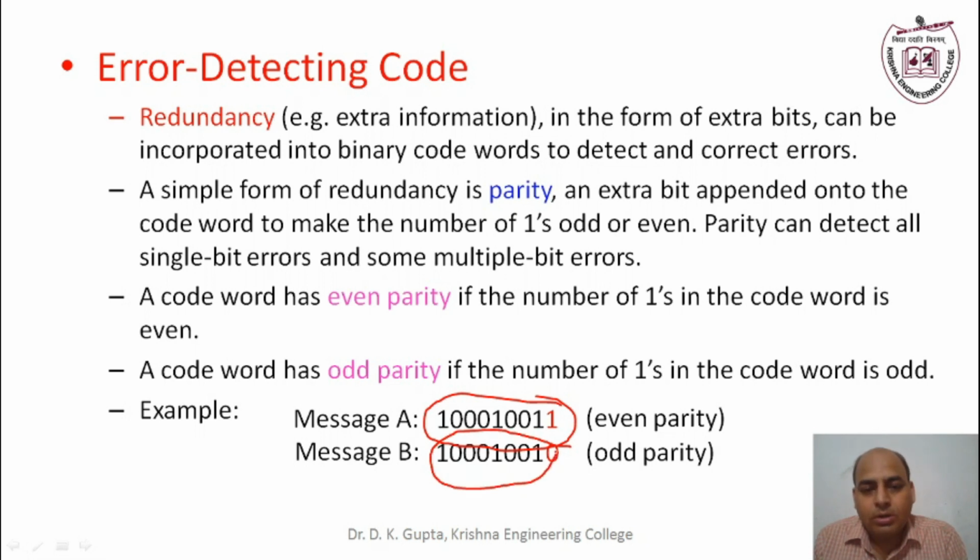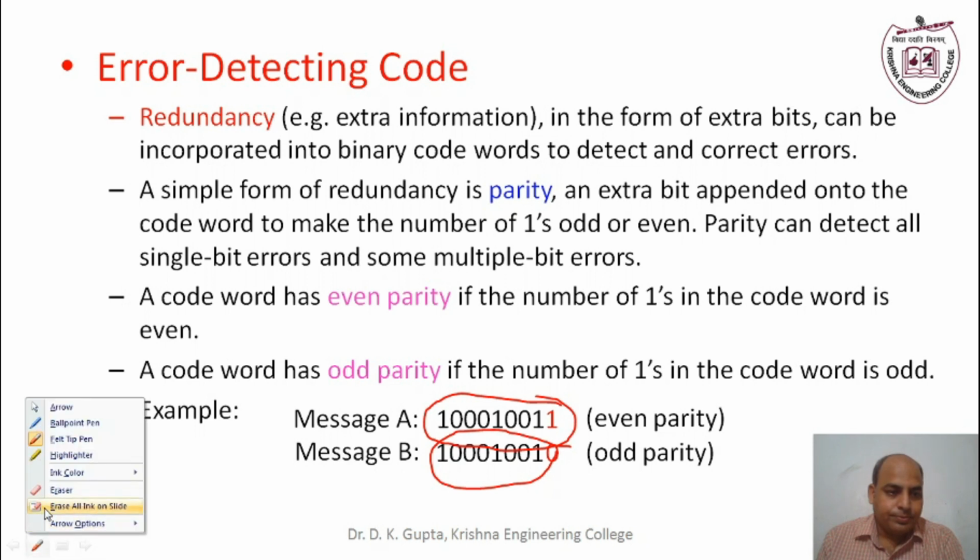So depending on an odd or even number of ones, we can say this information is given with odd parity or with even parity. Okay. So this is the error detection code.